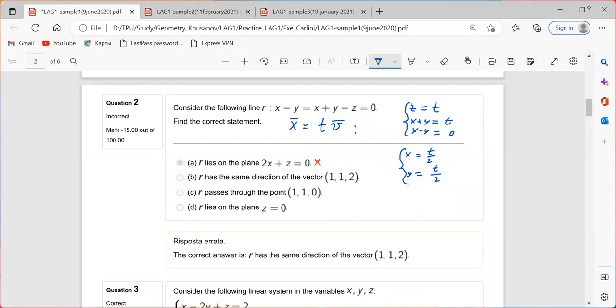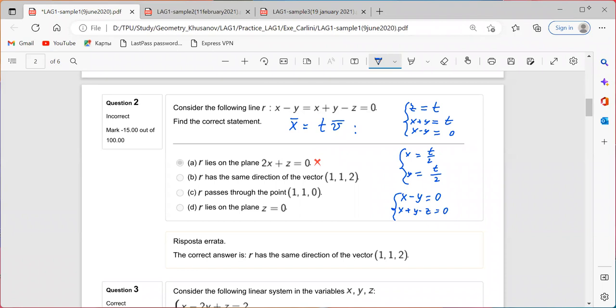First equation is x minus y equals 0. And second equation is x plus y minus z equals 0. So we have a system of equations.